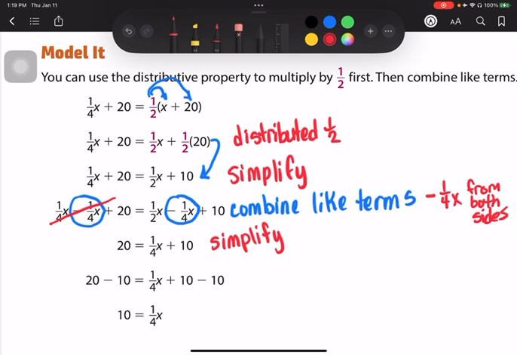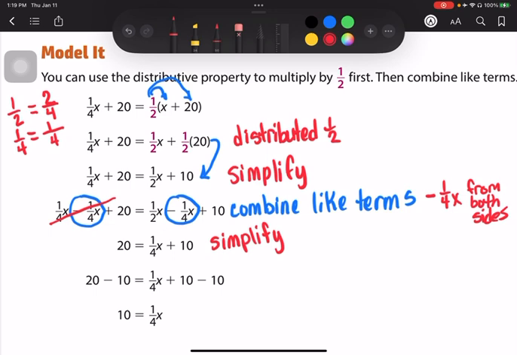So here I'll show a little scratch work. 1/2 and 1/4, you have like terms, right? The common denominator is 4. So 1/4 stays the same, but 1/2 is equivalent to 2/4.